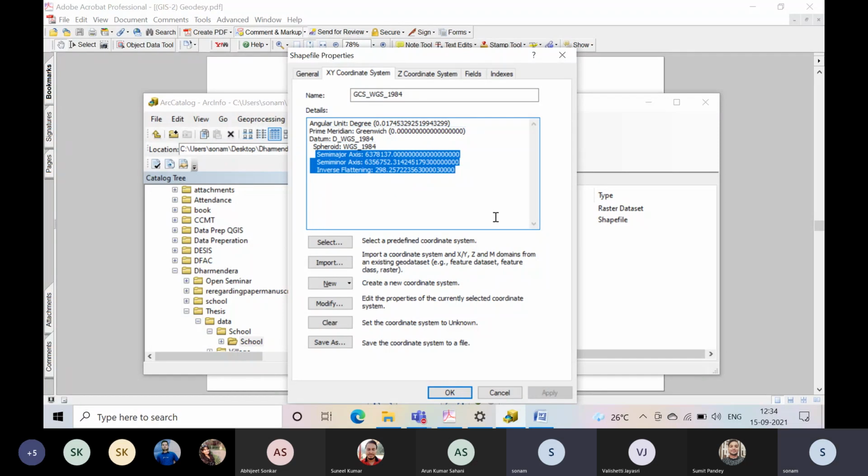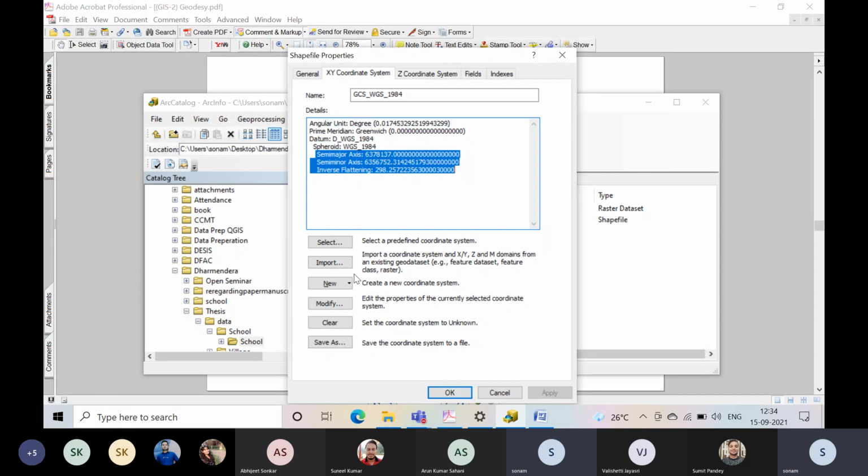The value of semi-major axis, the value of semi-minor axis, and inverse flattening. So these are the three terms that are used to give the reference ellipsoid against which all the measurements are made. So whenever you select any reference system, you will find such a thing.